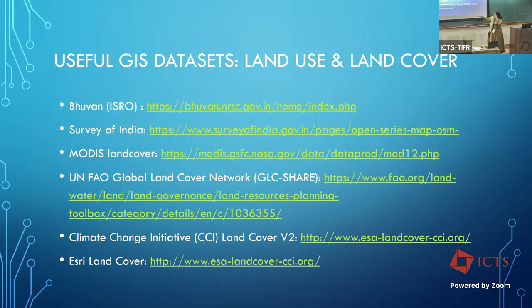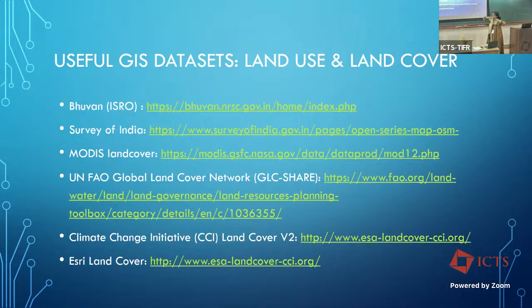Not across the board, but mostly you will get vector maps of land cover. So ISRO has a platform called Bhuvan, where a lot of GIS data is available. And they have land cover maps. They do one every 5 years. So you can actually track change in land cover over time based on their products, yeah? So this is very useful.